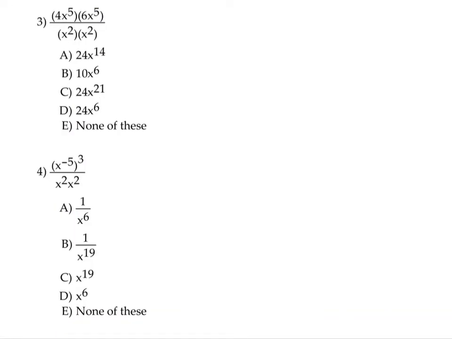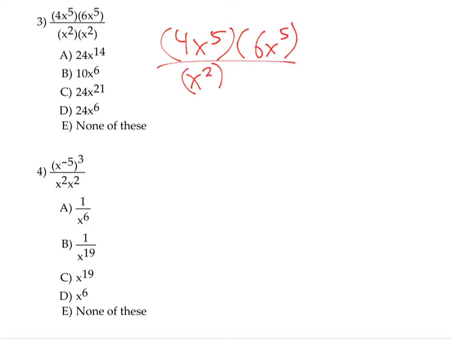All right. How about this one? 4x to the 5th times 6x to the 5th over x squared squared. I have a question while I was doing this homework. Feel free. All right, so I'm going to crank it out. 4 times 6, 24.